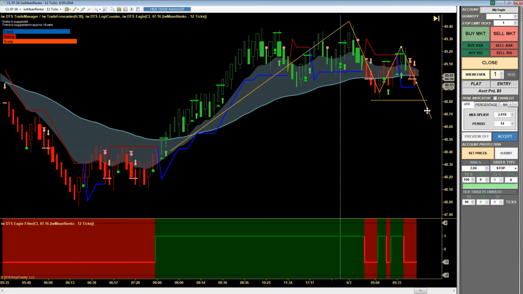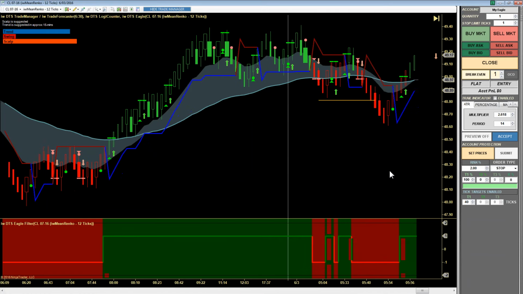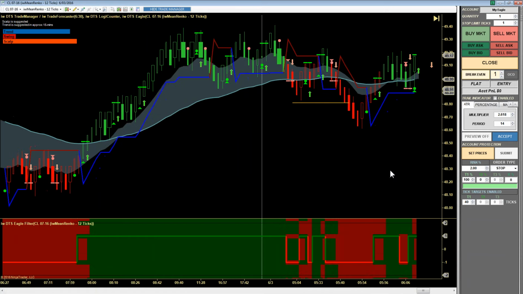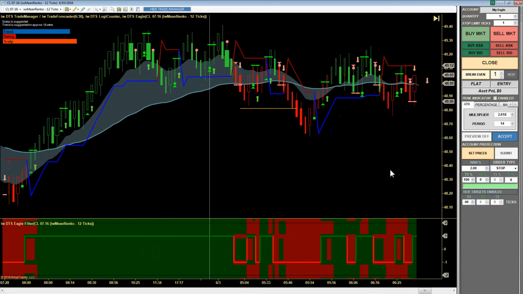Now, if you're unsure, like I said, you could treat it as an early warning and wait for the trend change signal, which occurred a few bars later. Where are you? Come on. There you go. There's your trend change signal a few bars later.